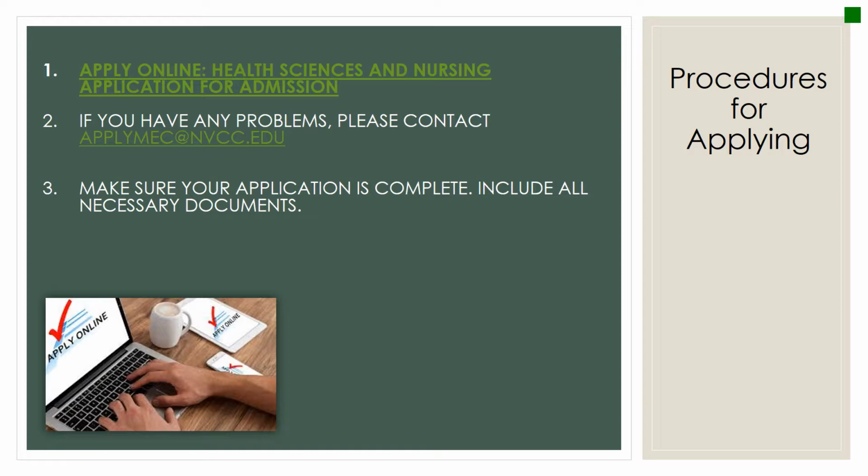This will take you to the Allied Health Division website where you can download the application to your desktop. Read the directions carefully. The application is a fillable PDF, so everything can be done on the computer. Once it is completed, save it.